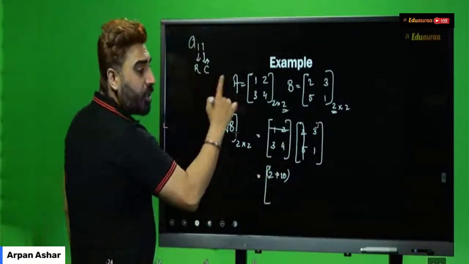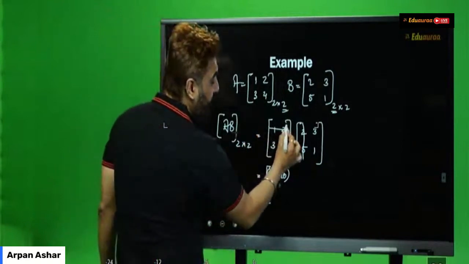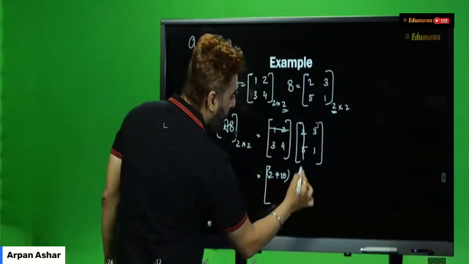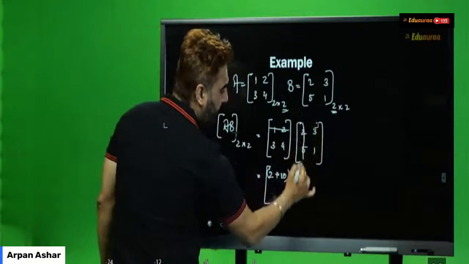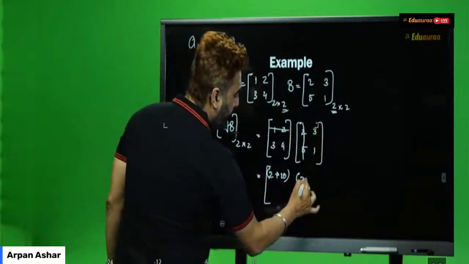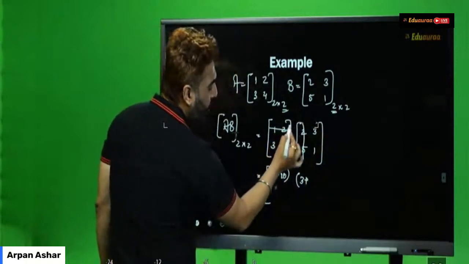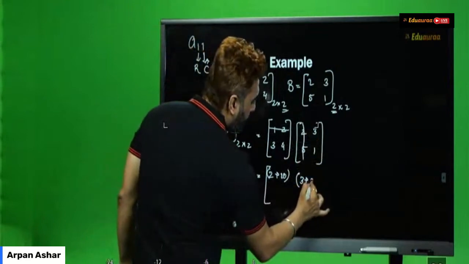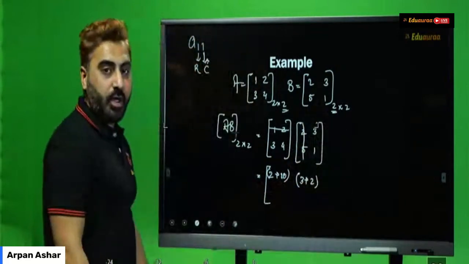Now हमें A12 फाइंड करना है. That means first row, second column. So first row 1 into 3, 3, plus 2 into 1, 2 हो गया A12.